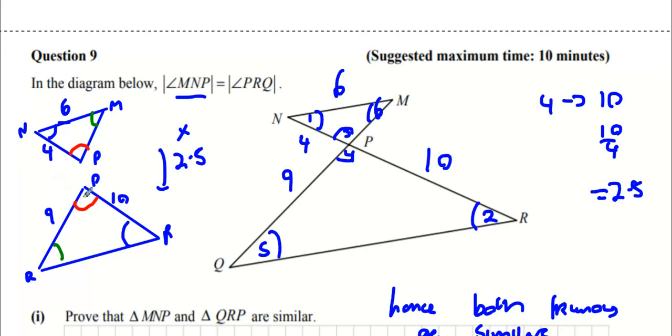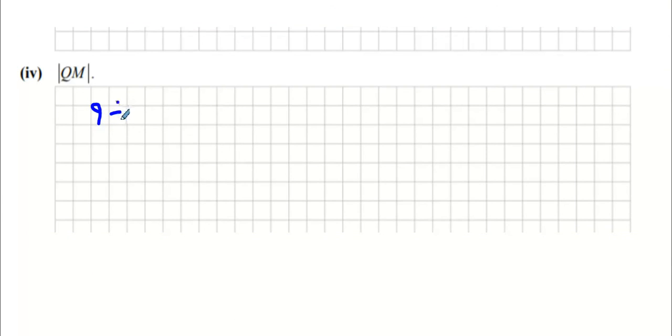And then to find out what QM is, we need to know what P to M is, which is in between red and green, so it's 9 divided by 2.5.